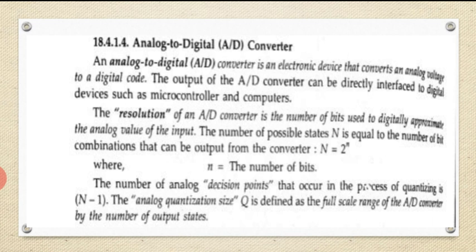The number of possible states N is equal to the number of bit combinations that can be output from the converter, expressed as N equals 2 raised to n. If an ADC is 4 bit, 8 bit, or 10 bit, we come to know the number of possible states N, where n is the number of bits.